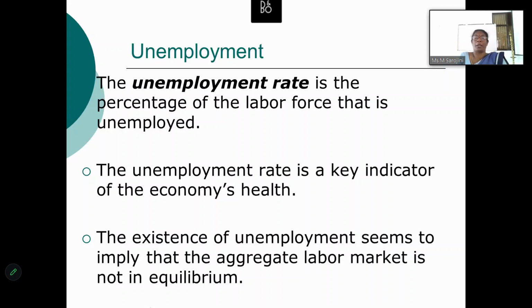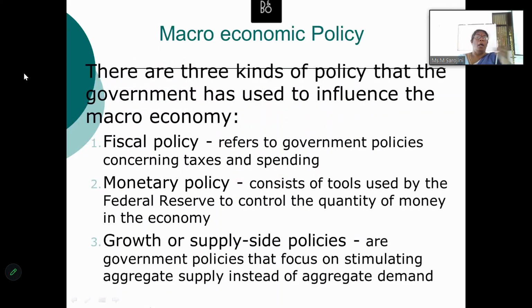Disequilibrium of the labor market is also an indicator of the economy's health. Therefore, under macroeconomic concerns, macroeconomic policymakers concentrate more on reducing unemployment and on the well-being of the country.